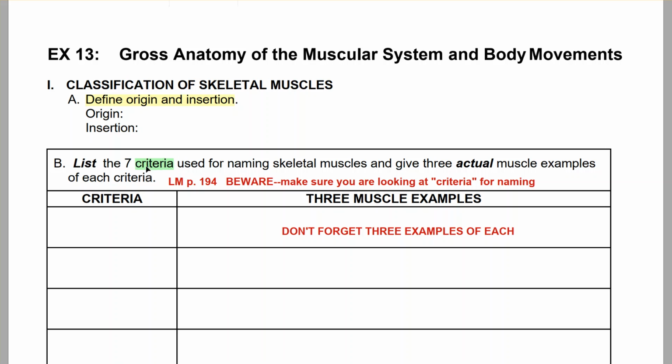And so just beware, in your lab manual, there is a figure that is not about criteria. So just make sure you're finding the criteria for naming. And then in this portion, you're going to tell me 7 criteria. And then you're going to tell me 3 examples, 3 literal, real muscle examples that describe that naming criteria.